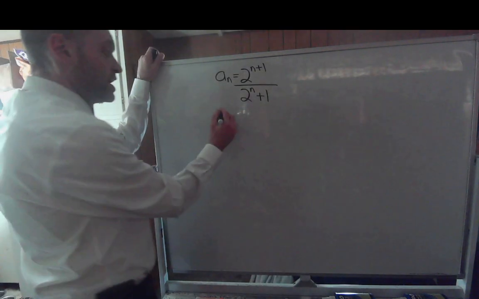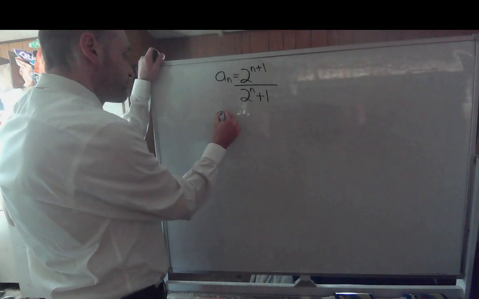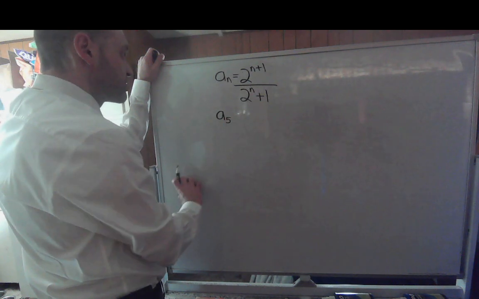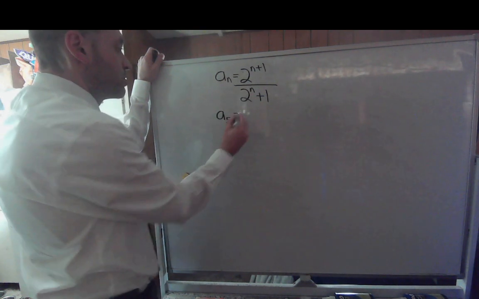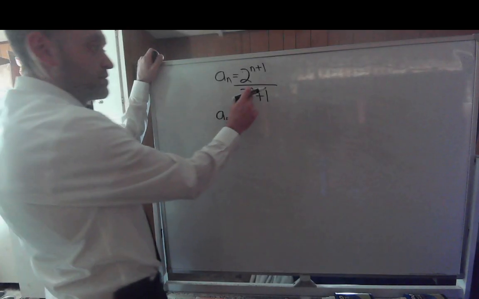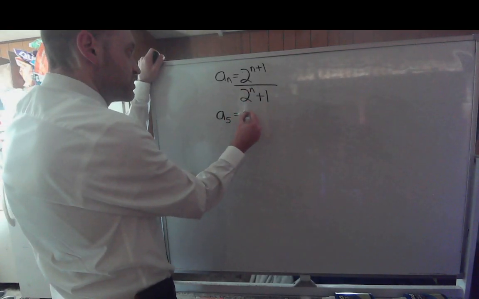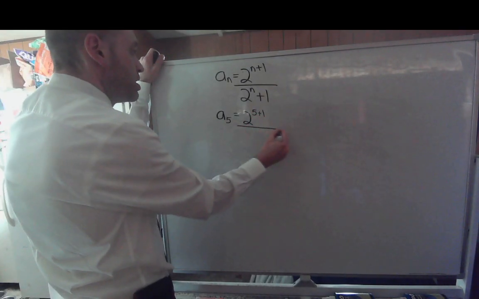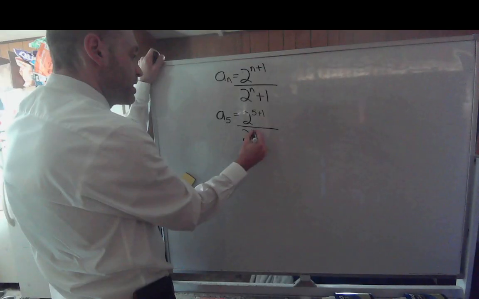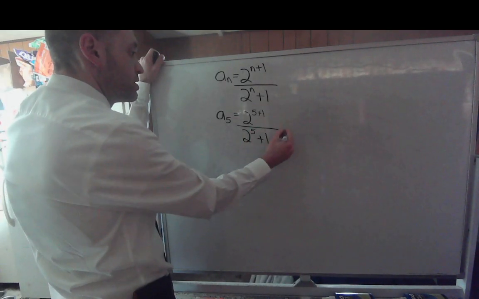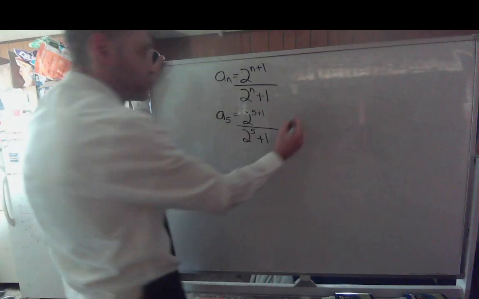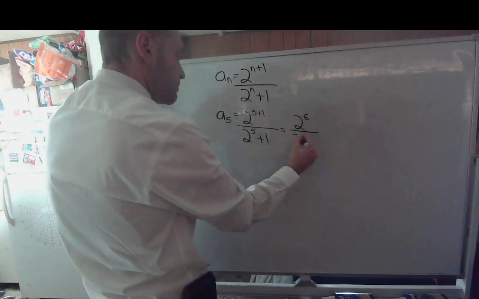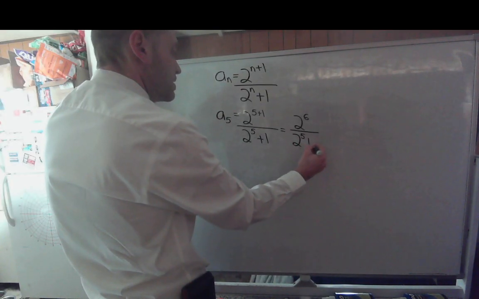We're going to find the fifth term. So I'm going to put in 5 wherever I see n, so that would be 2 to the 5 plus 1 power all over 2 to the 5th power plus 1. Well, 2 to the 5 plus 1, that's the same as 2 to the 6th all over 2 to the 5th plus 1.